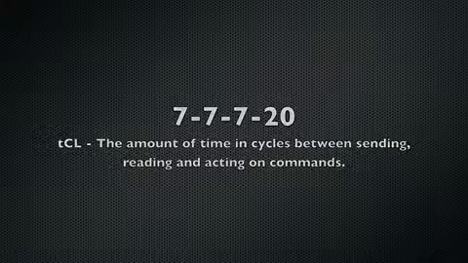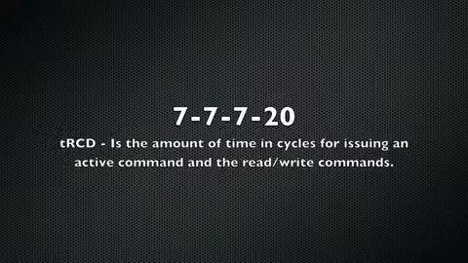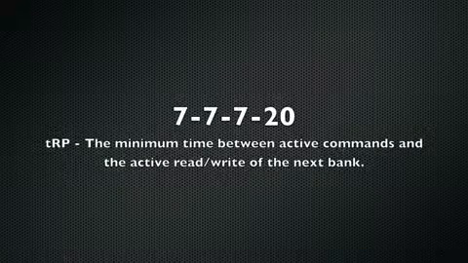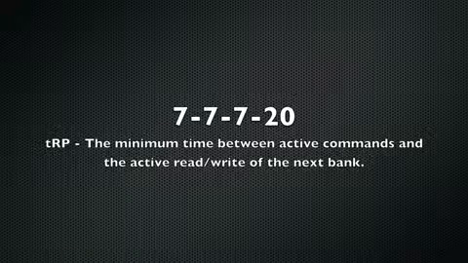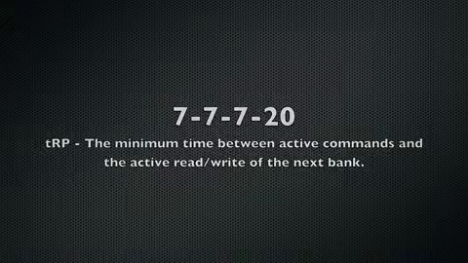Now the second number is your RCD timing. It controls the amount of time in cycles for issuing an active command on the read and write commands. Now the third number is your RP timing. It's your row precharge time. This is the minimum time between active commands and the read and write command on the next bank.